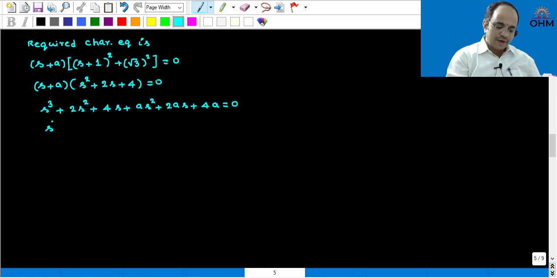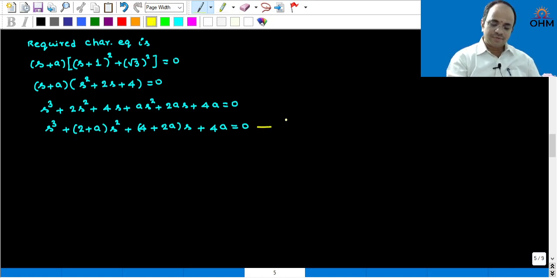Or you can also write it as S cube plus (2 plus A) into S square plus (4 plus 2A) multiplied with S plus 4A is equal to 0. Now this is the characteristic equation as per the required pole location.